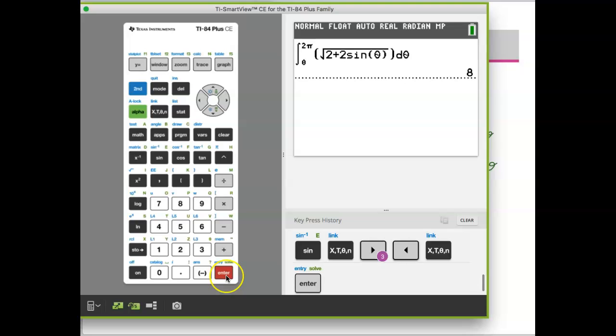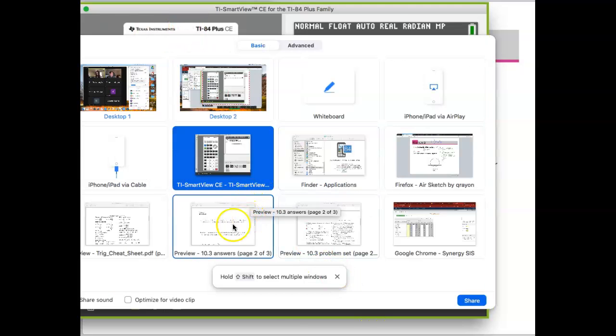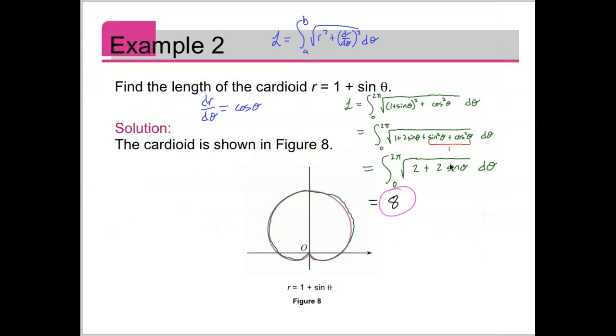There we go. And our answer is 8. Questions about that?